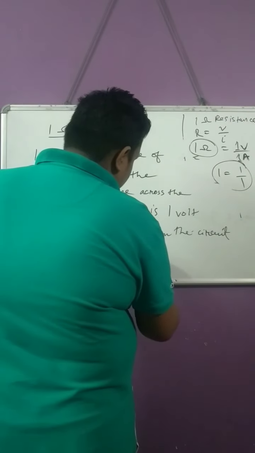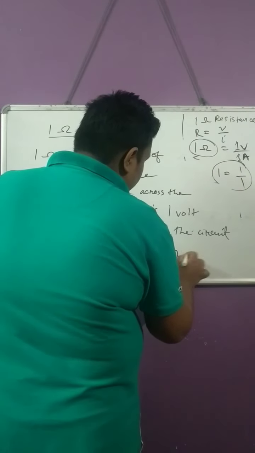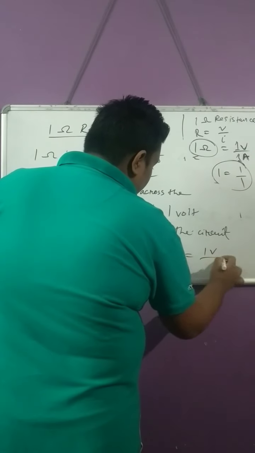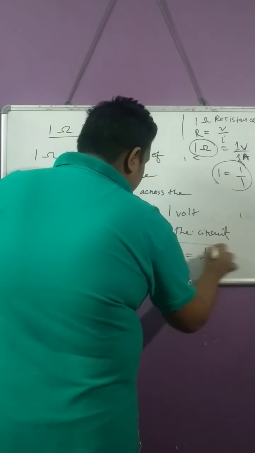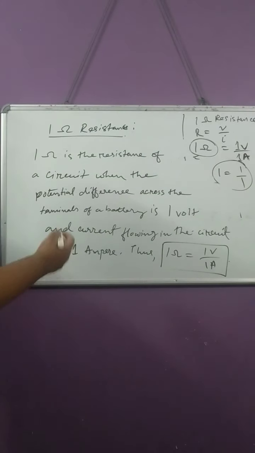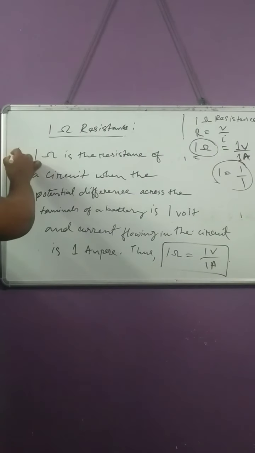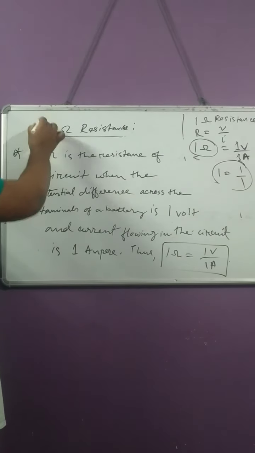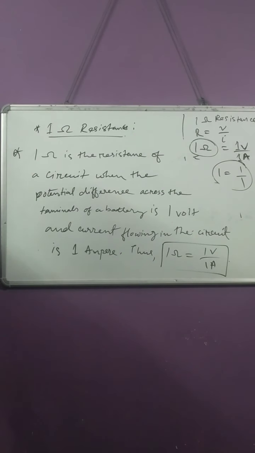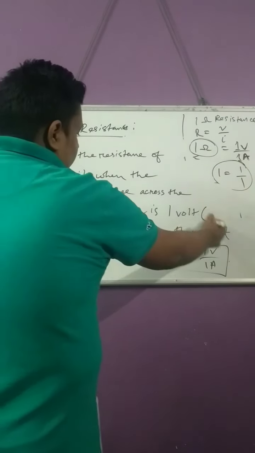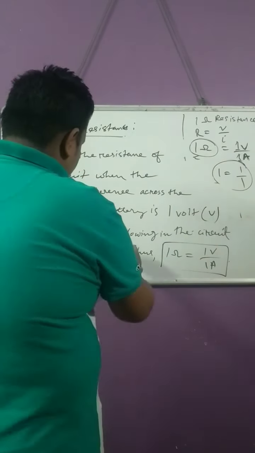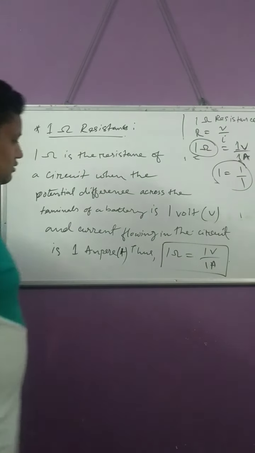Thus 1 ohm equals 1 volt by 1 ampere. Please note it down. It is an important definition, 1 ohm resistance. This is often asked in the question. So here you can write V for 1 volt, and ampere is denoted by A. That's it.